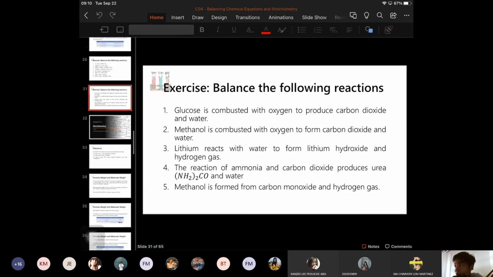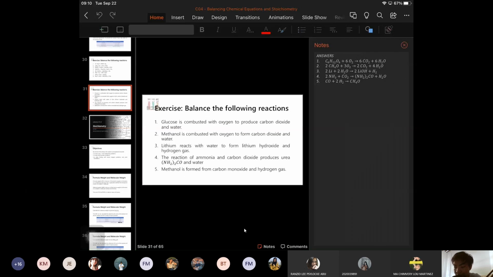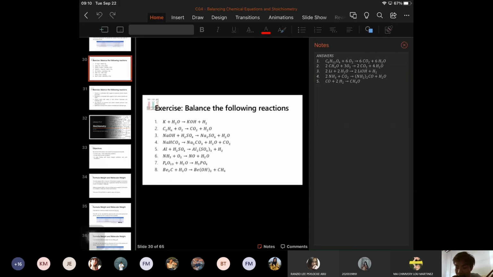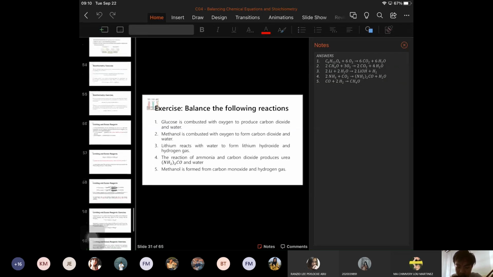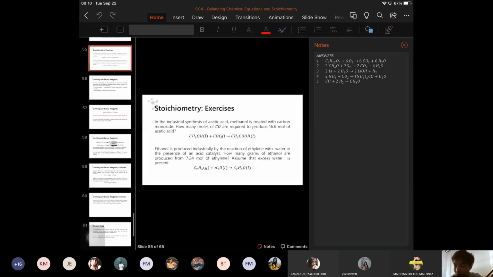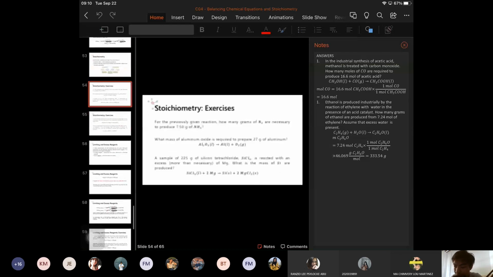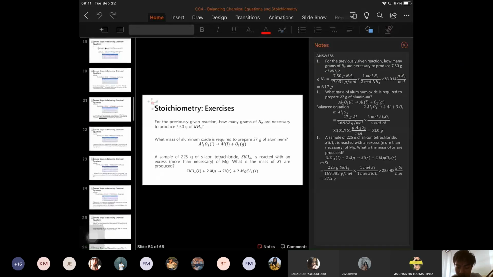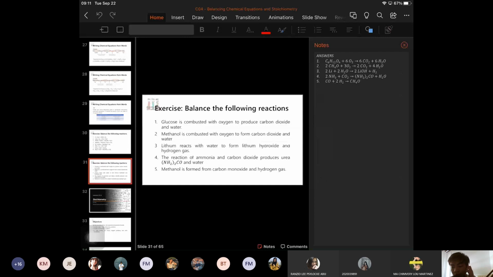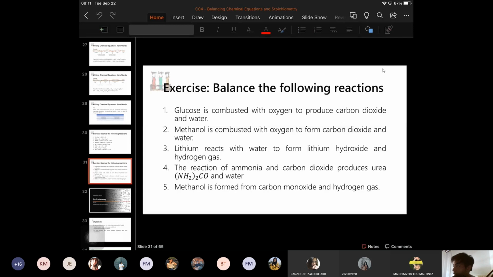The PowerPoint serves as your reviewer, because the answers are here. I put them in the notes. I made this, so I put everything in. Even for stoichiometry, I included the answers. So you can study in advance if you want. I also put the answers for the unbalanced equations here.